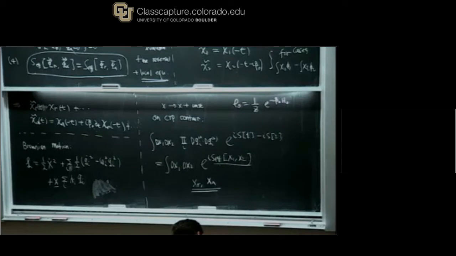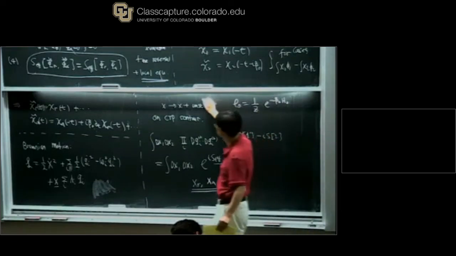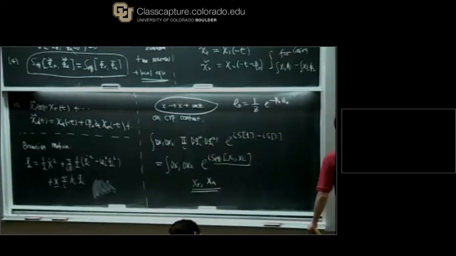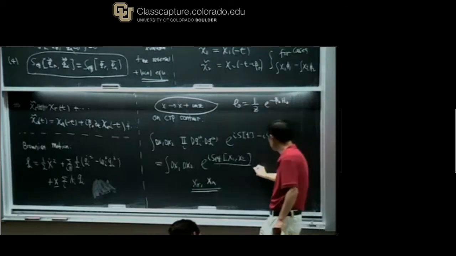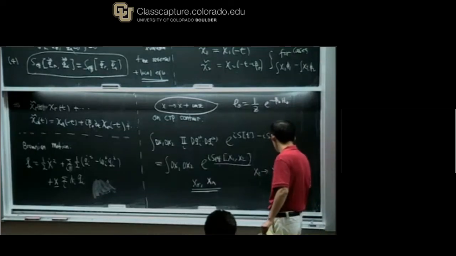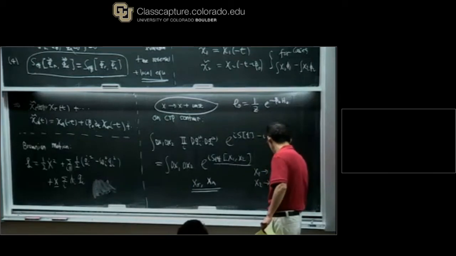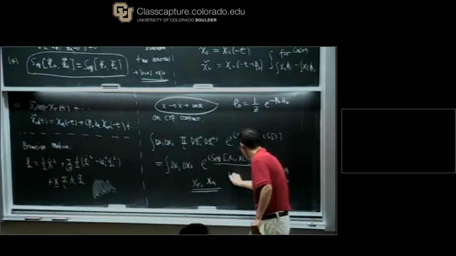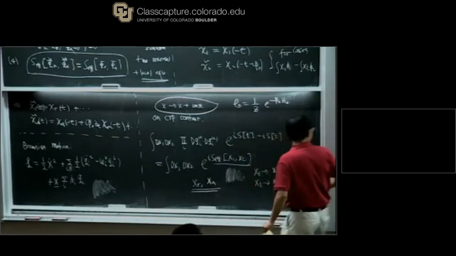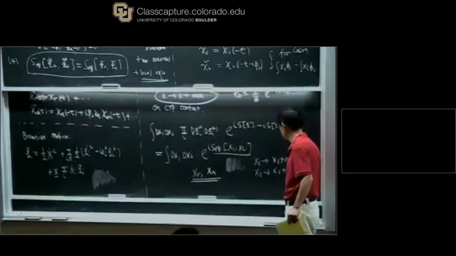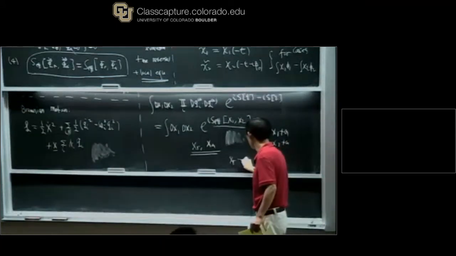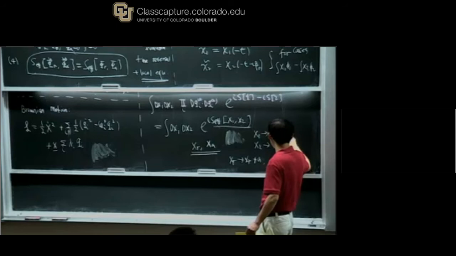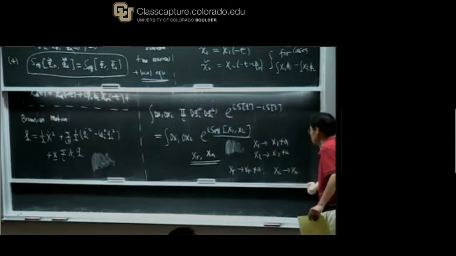But now we have to impose this symmetry, which is a global symmetry. That means this action should be invariant under the simultaneous shift of x1 goes to x1 plus a, and x2 goes to x2 plus a. In other words, it should be invariant under XR goes to XR plus a, but XA does not change, because they cancel.